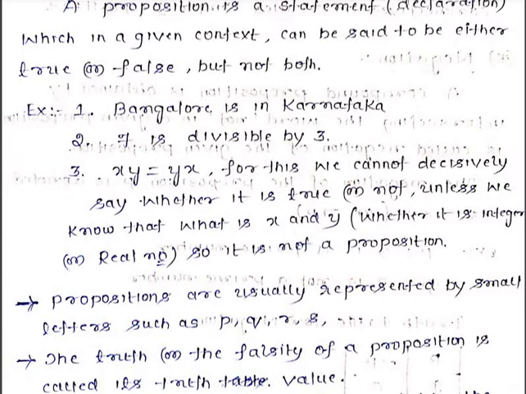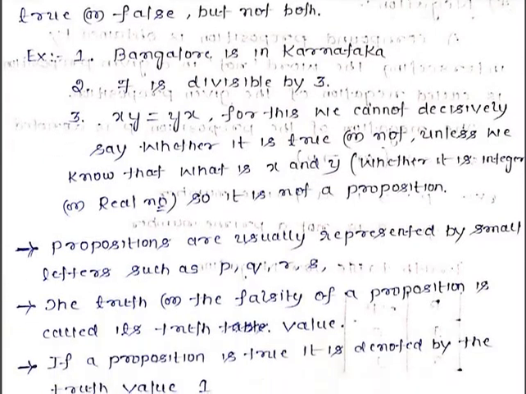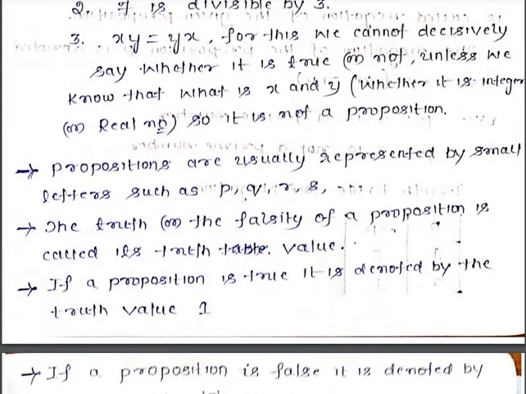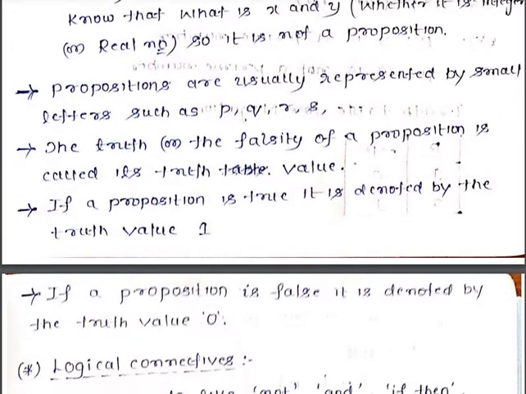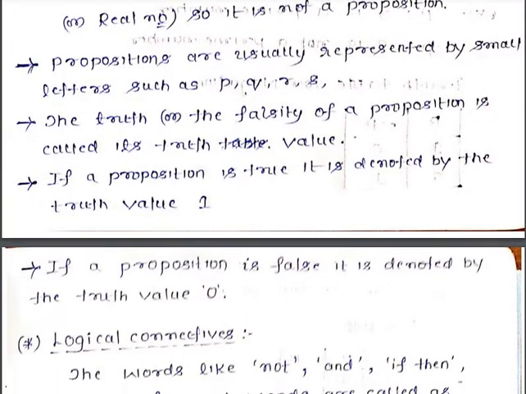It can be either true or false, but not both. If it is true, we represent it as 1, and if it is false, we represent it as 0. If a proposition is true, it is denoted by the truth value 1, and if a proposition is false, it is denoted by the truth value 0.